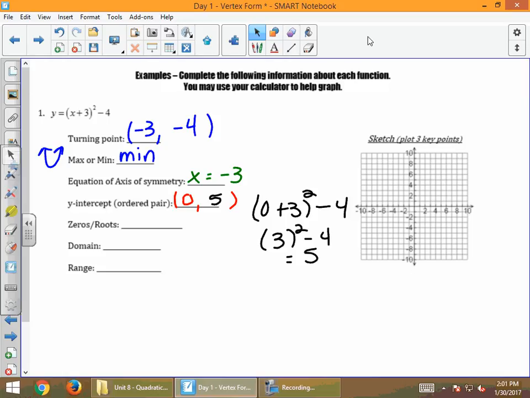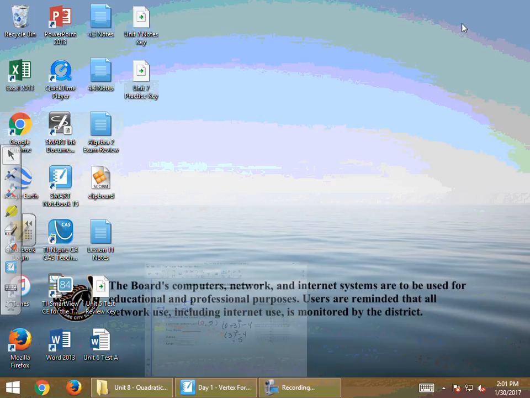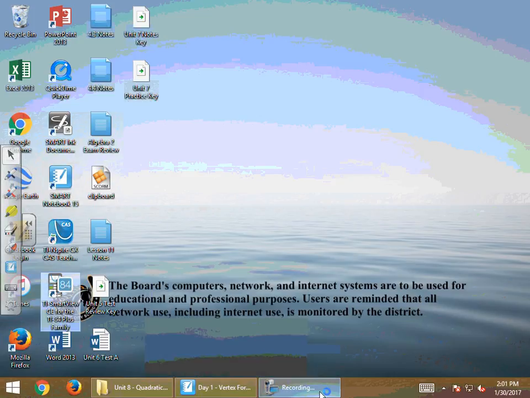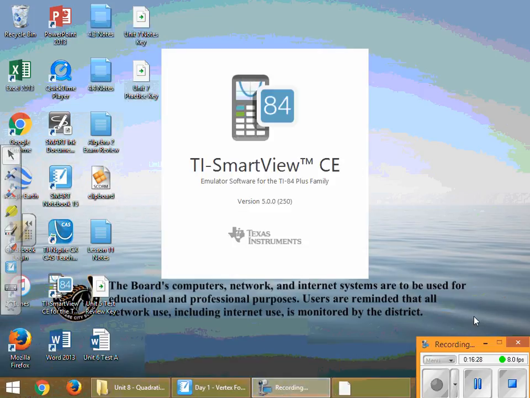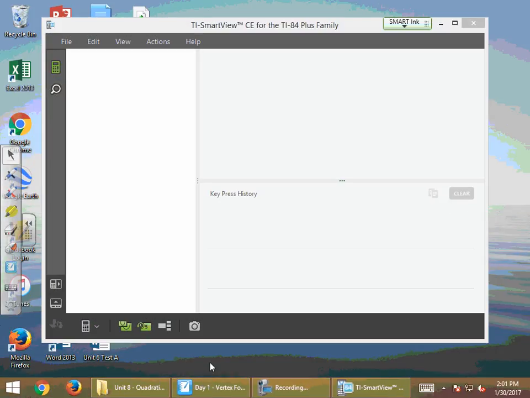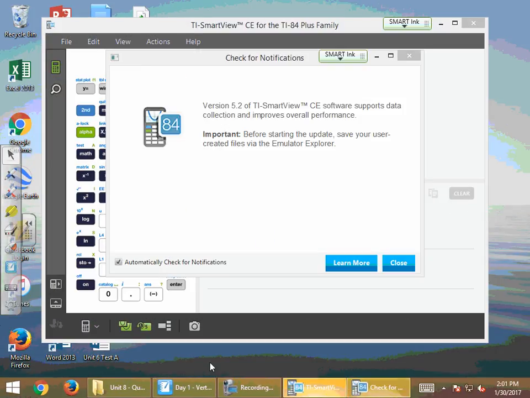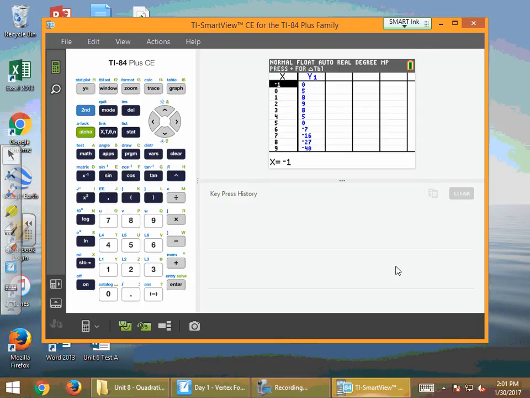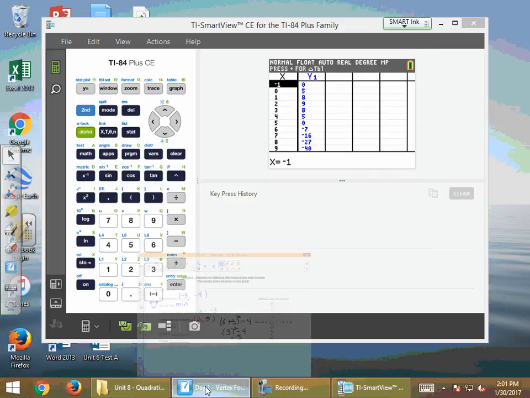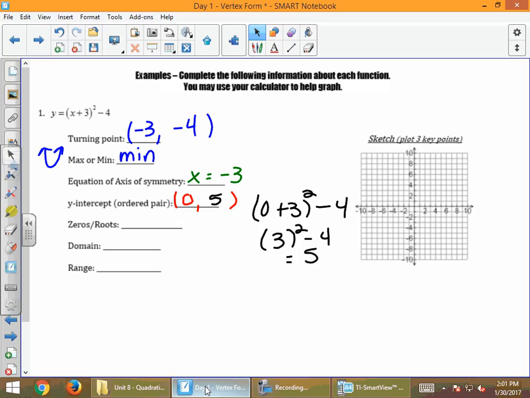Okay, so that's all we're going to do by hand. The rest of it, we can use our calculator to graph it and then look at the graph to answer this question. So this is where you're going to need your graphing calculator. Have that out ready to go. I'm going to get mine out. And to graph it, go ahead, go to y equals, plug that quadratic in.